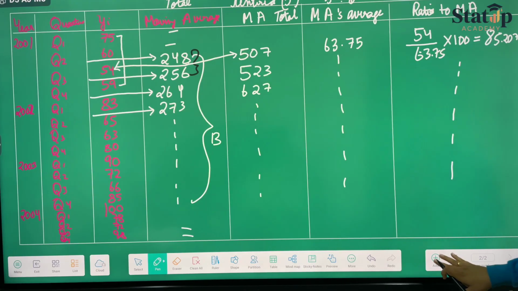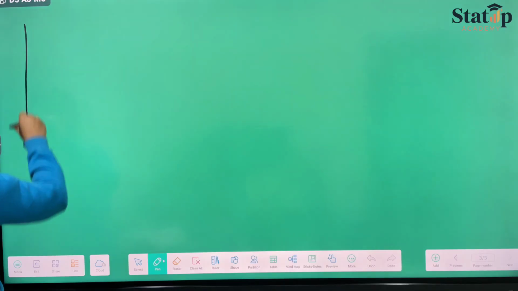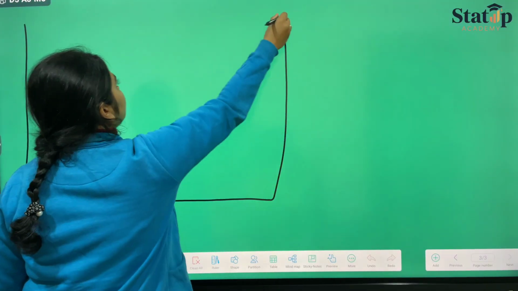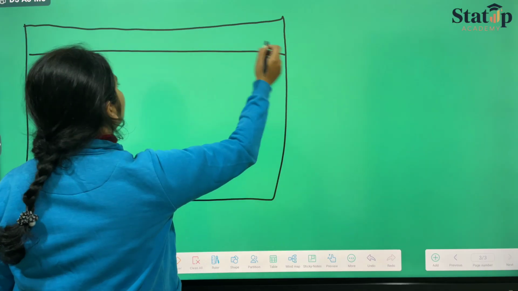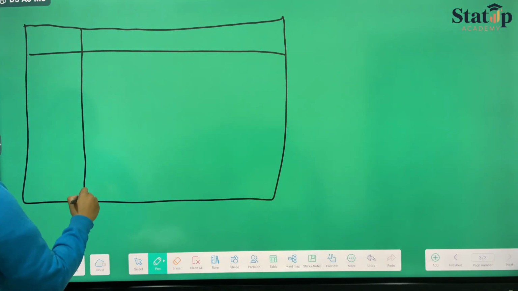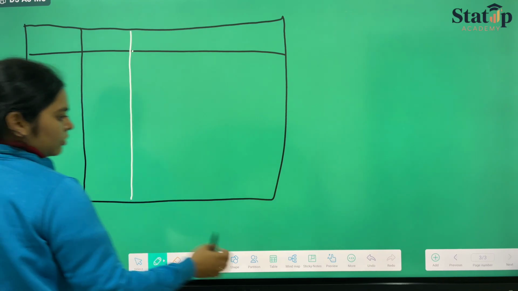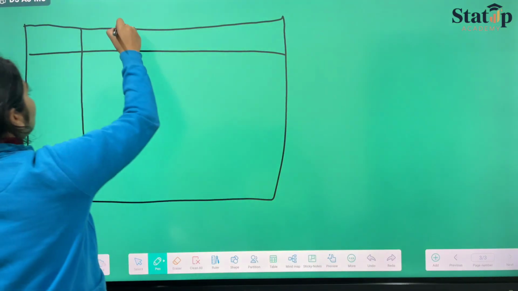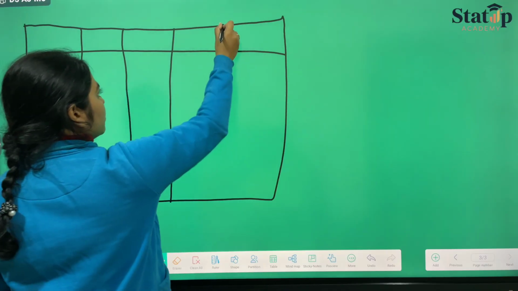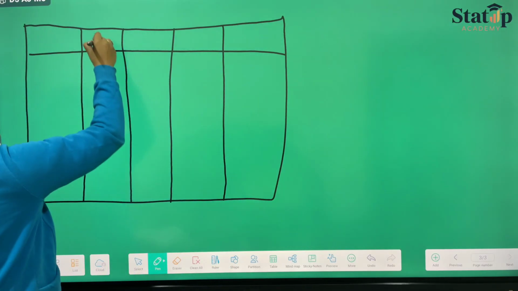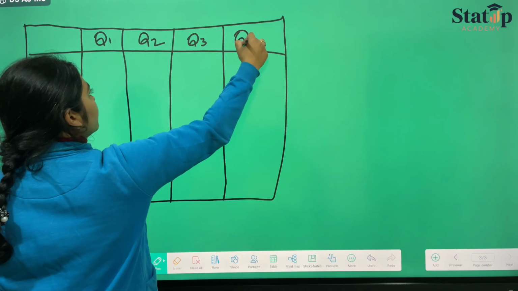So the final values, suppose the chart is given like this. This is for quarter 1, quarter 2, quarter 3, quarter 4.